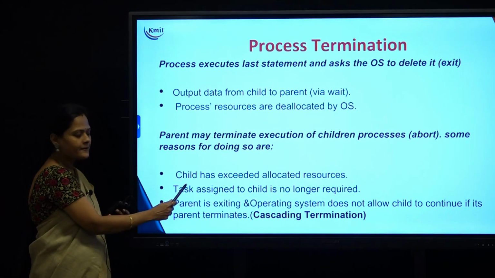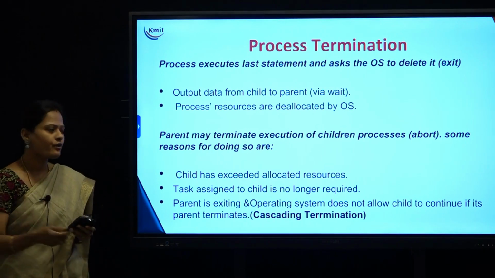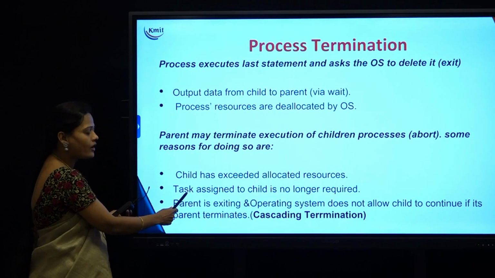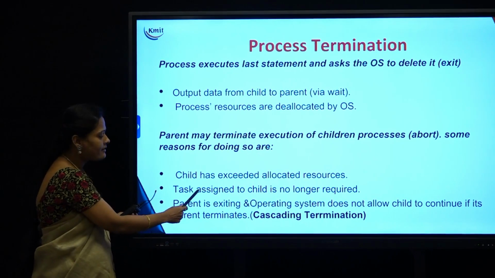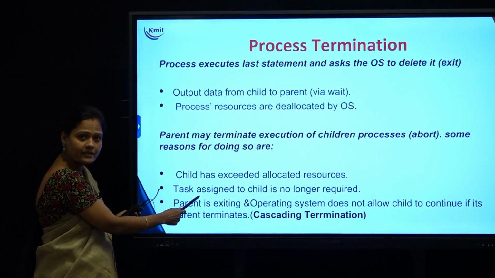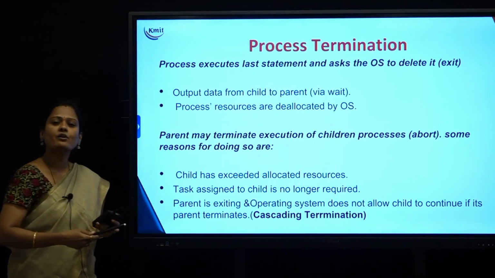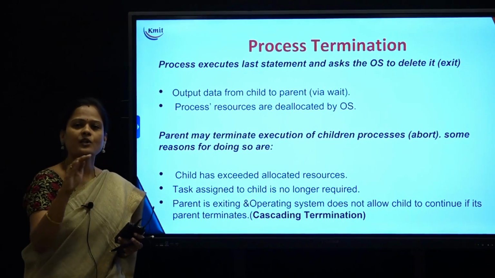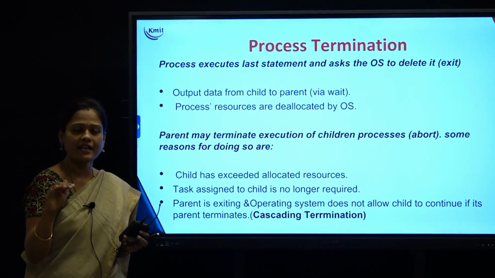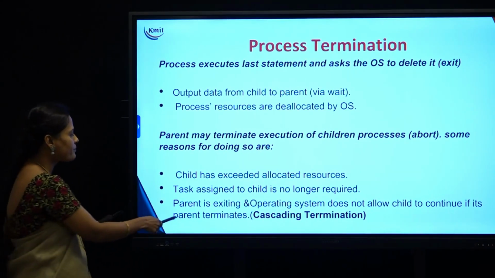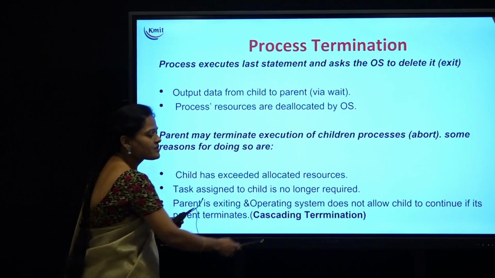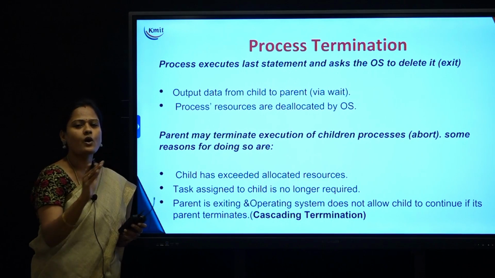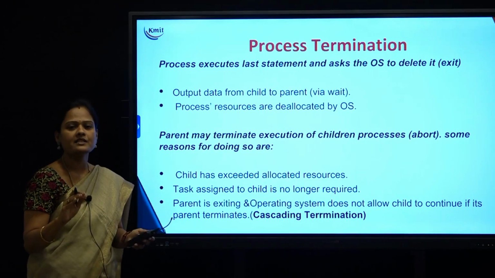One particular case is the child has exceeded the usage of the resources allocated to it, or the task which the parent has given to the child is no longer needed by the parent, or the parent process itself is terminated. If the parent itself gets terminated, then the child will no longer be there in its lifetime to execute. So, the child process will also be terminated. This process we call cascading termination, where if the parent terminates, all the child processes will also get terminated abruptly.